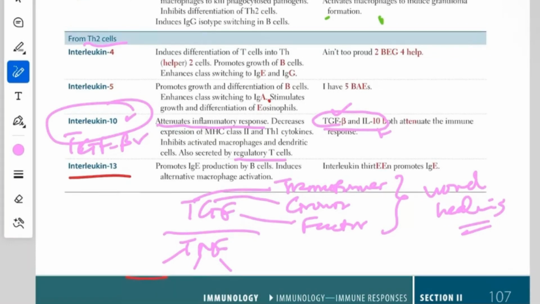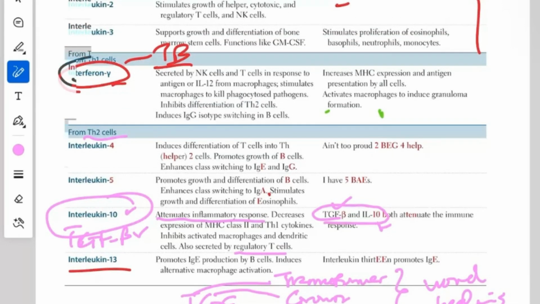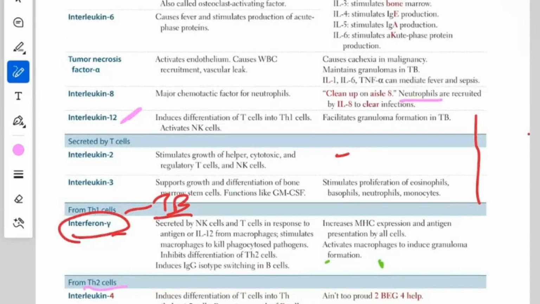And then we said earlier that if you divide this table into two, the cytokines are produced by both the innate and the adaptive arms. For the innate, macrophage; for the adaptive, CD4 T cell. From the macrophage: interleukin 1, 6, TNF alpha, interleukin 12, and interleukin 8.